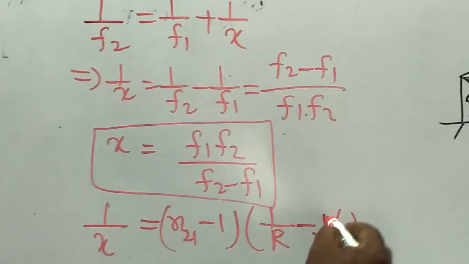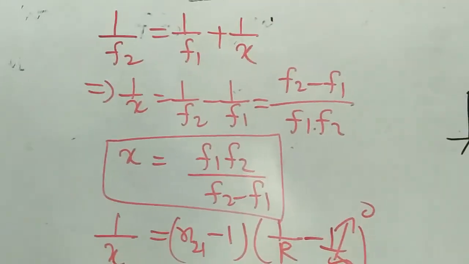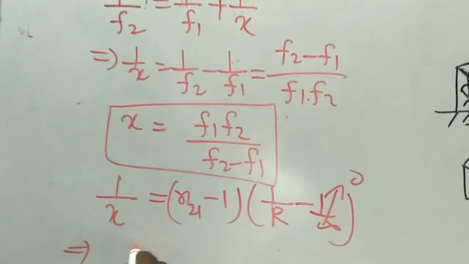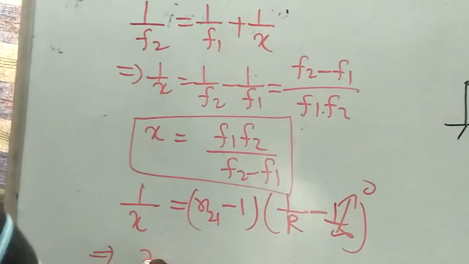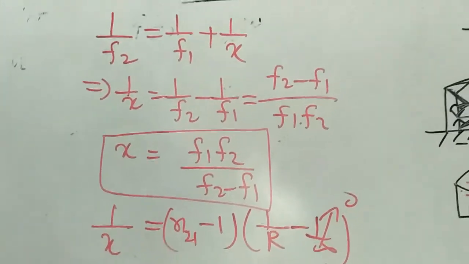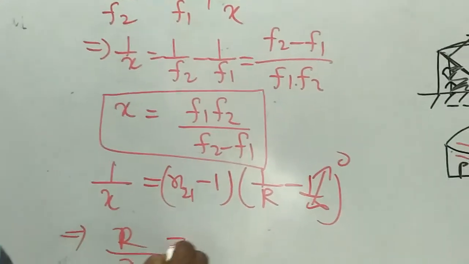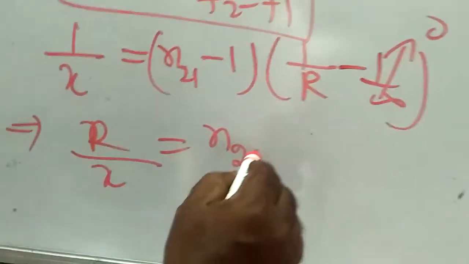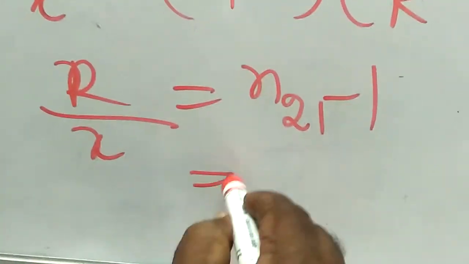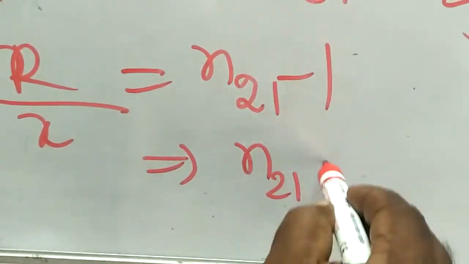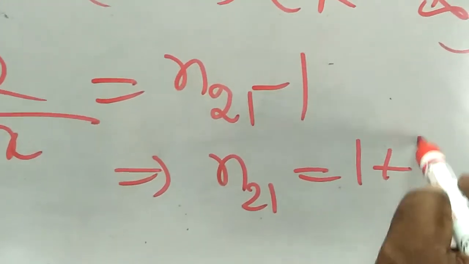So this value will be 0. So we get 1 by x is equal to n21 minus 1 by r. Rearranging, r by x is equal to n21 minus 1, which implies that n21 is equal to 1 plus r by x.